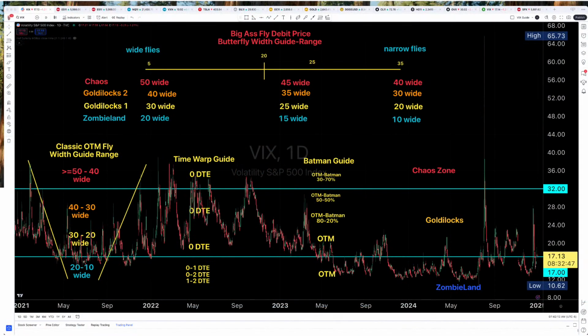And every morning, like I said, we look at volatility. Let's take a look at that again. We're looking at the VIX, big picture, and you see it's crazy annotated, and that's because we use all this. This is kind of our guide for what trade we're going to put on. Like I said, we primarily focus on out-of-the-money butterflies, and that is our standard trade. We have to figure out what size butterfly and how far out of the money it's going to be and all that other stuff.